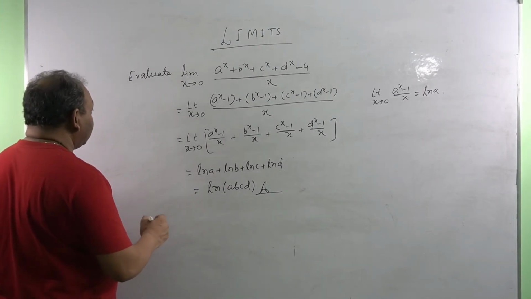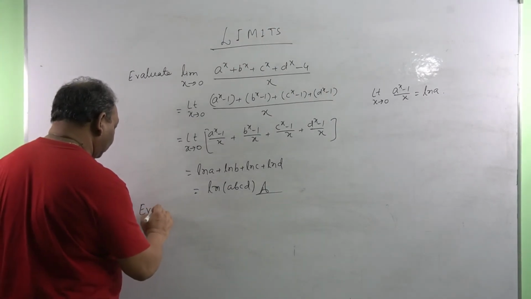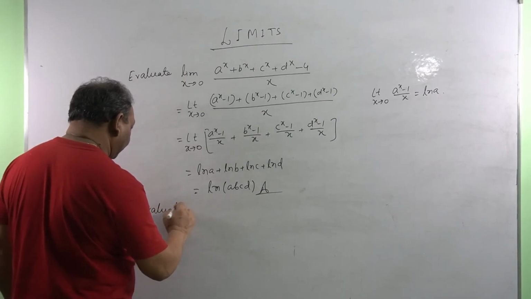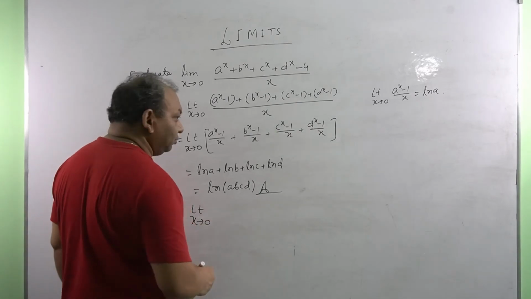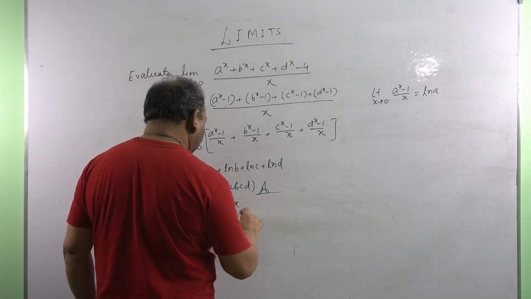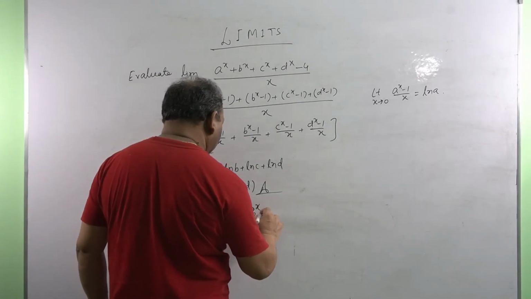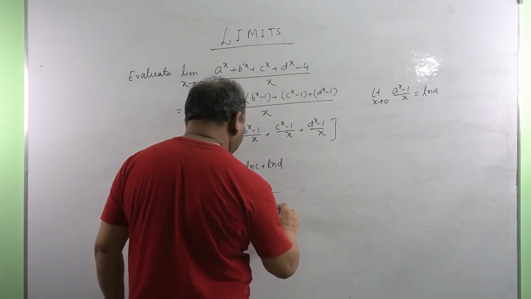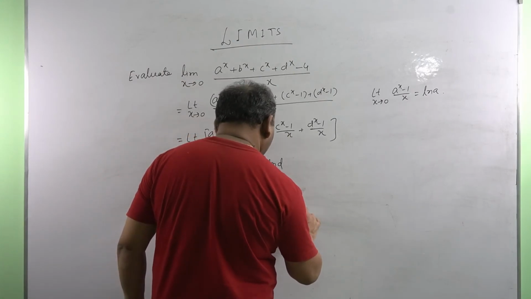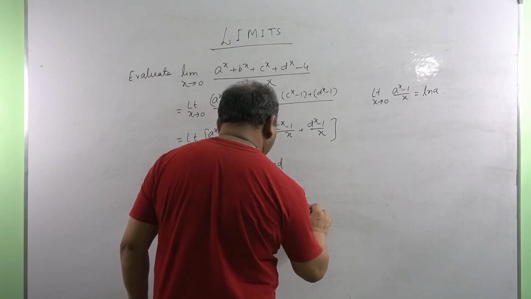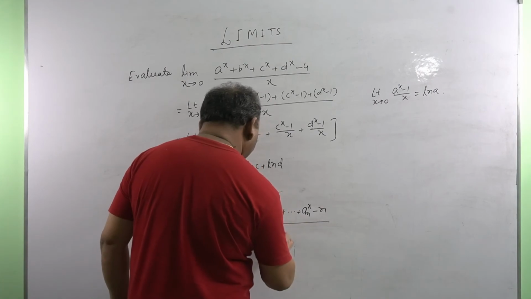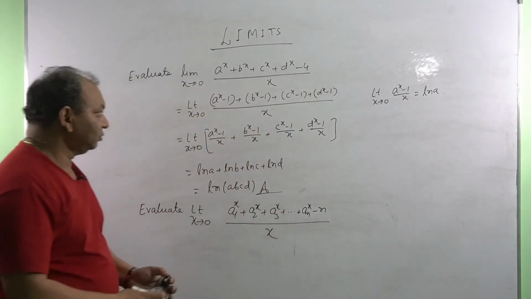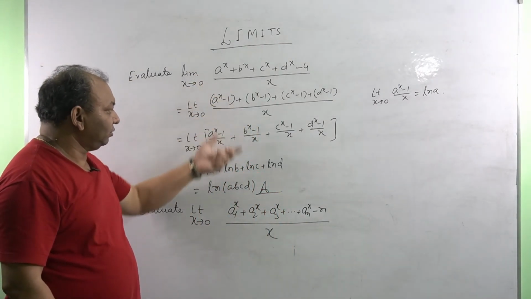Let's take another example. Limit x tends to 0 of (a1 raised x plus a2 raised x plus a3 raised x plus dot dot plus an raised x minus n) divided by x. Same as above question.